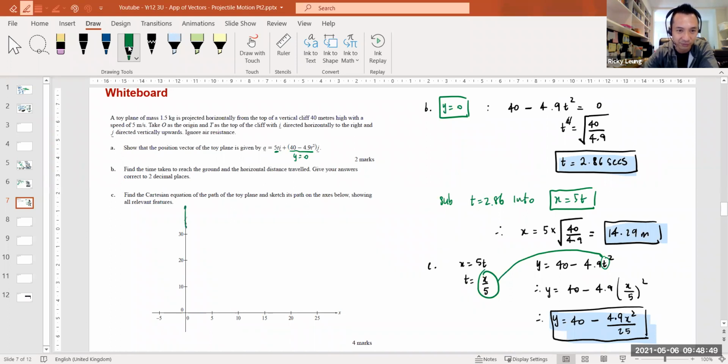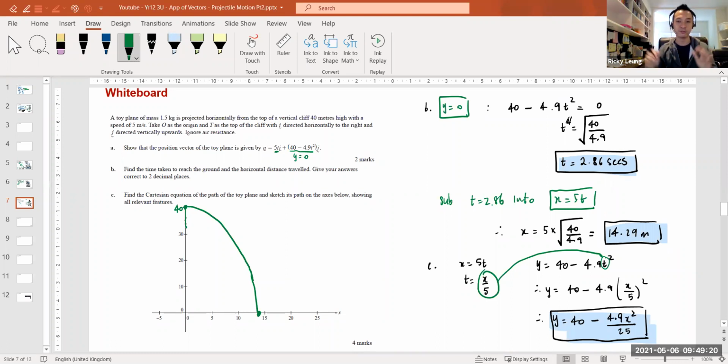So initially it's at 40. Weird, right? It reaches the ground when y equals 0, and 14.29 is the horizontal distance traveled. Something like that would be your graph. Parabola. How's that? Not too bad, right?